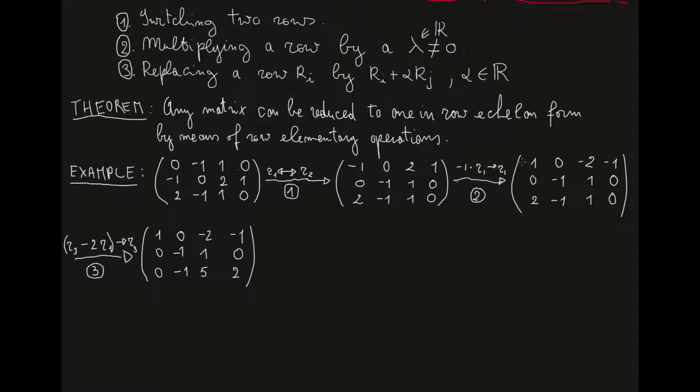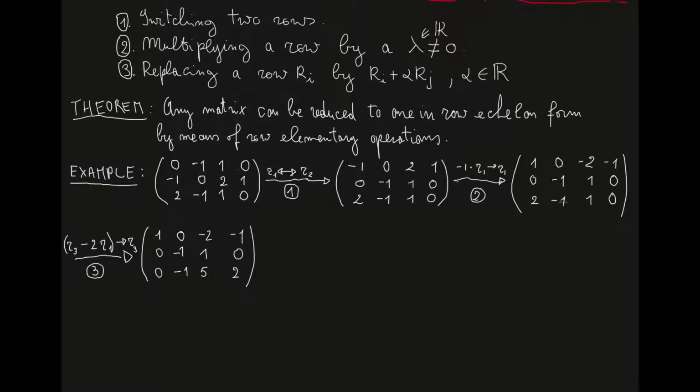Therefore we need a -2 that multiplies the first row and then we sum it up with row 3. So if we multiply -2 by this first row, we get -2 here, 0, plus 4, and then plus 2. -2 plus 2 is going to be 0, and here is 0.